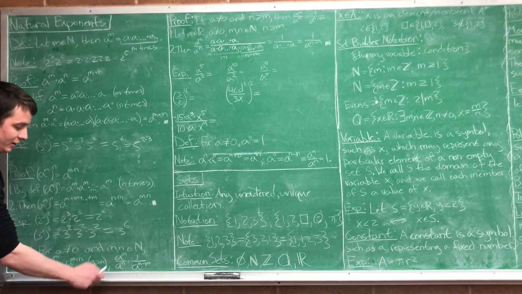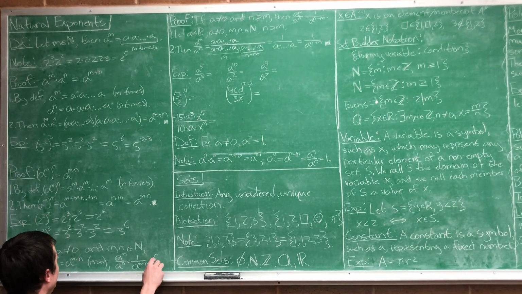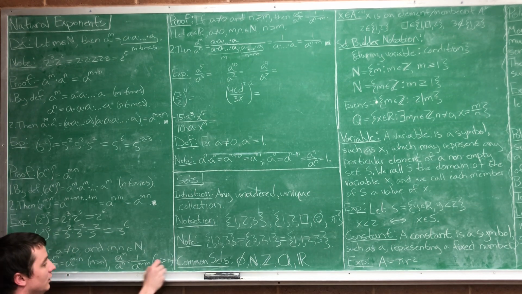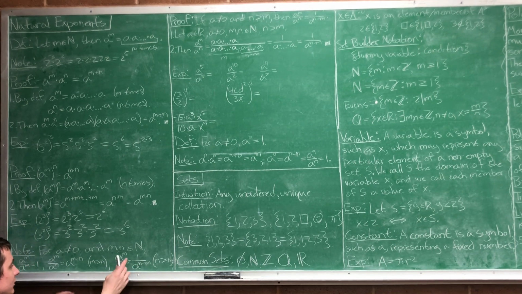And if n happened to be greater than m, then a to the m over a to the n is instead 1 over a to the n minus m. We'll prove this one, since these two are kind of the same thing. This one seems like the more complicated of the two, but they both follow the exact same proof. So I'm going to prove this right-hand one.